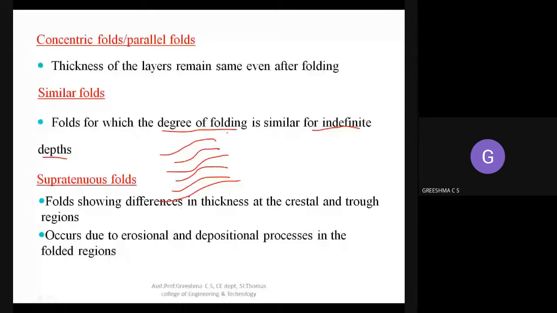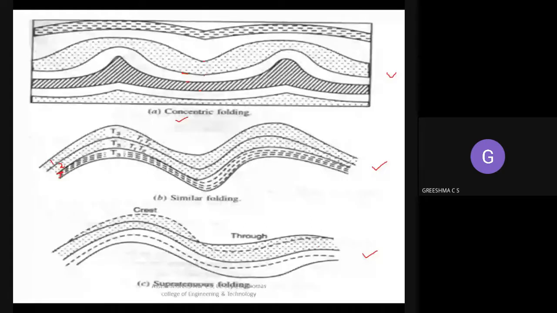Next one is superficial folds. Here, folds which show a difference in thickness at the crestal and trough regions occur in erosional and depositional processes in the folded regions. So here the thickness will be different for crest and trough.